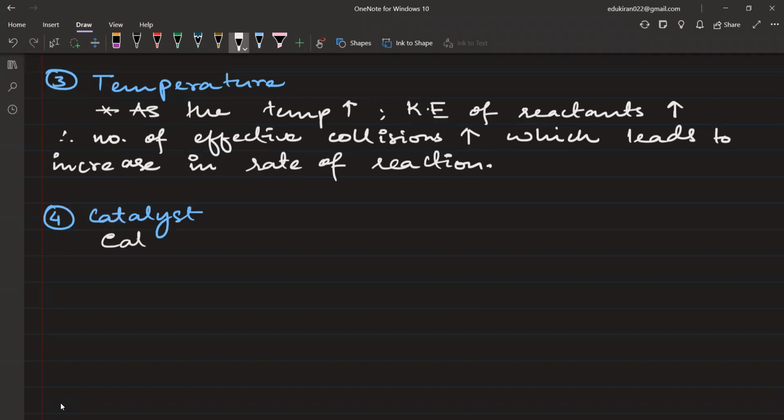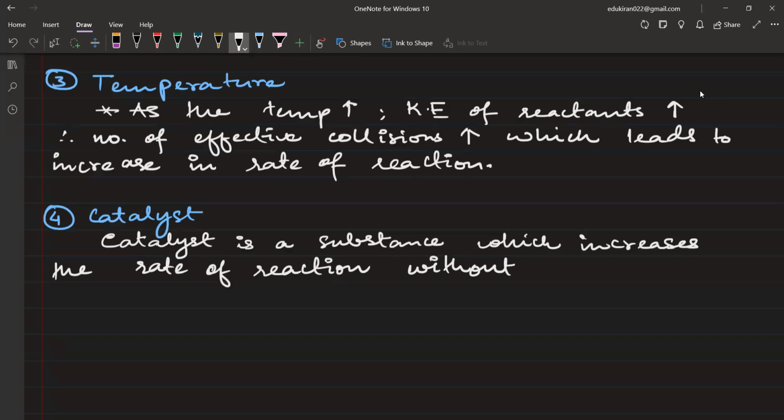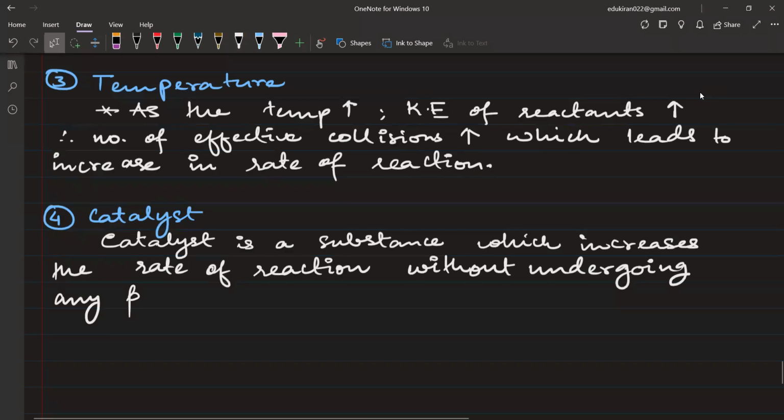Please write: catalyst is a substance which increases the rate of reaction without undergoing any permanent change.